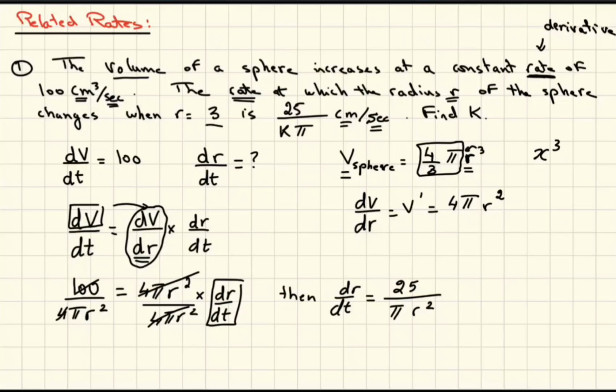Now they told you how much this is when r is equal to 3. You replace r with 3, so you get 25 over, instead of r, 3, so 3 squared is 9, so it becomes 9 pi centimeters per second. So what is the value of k in this question? It will be 9.